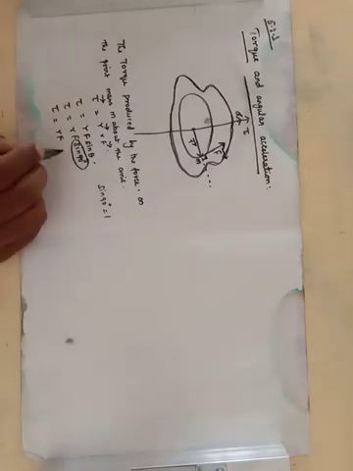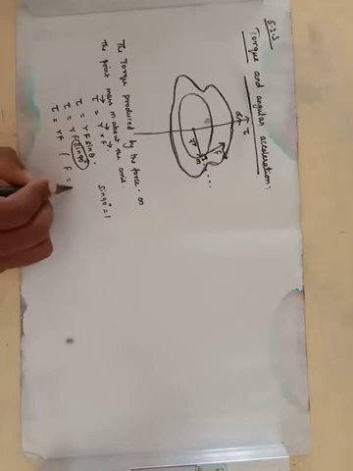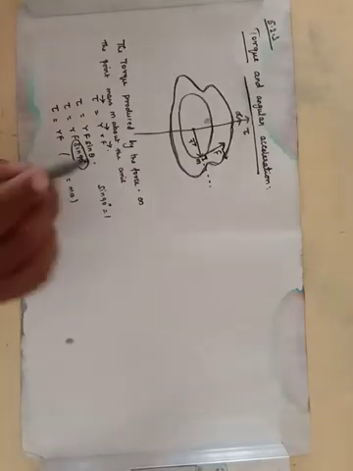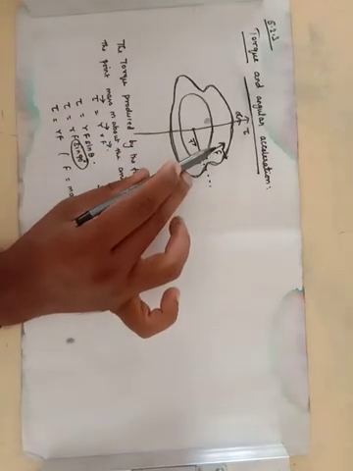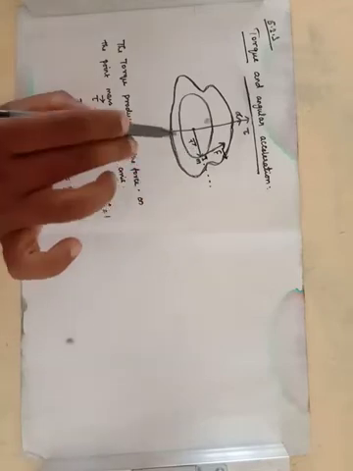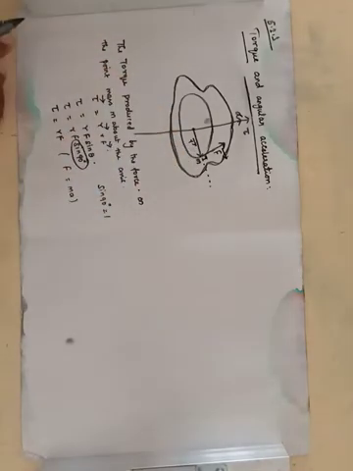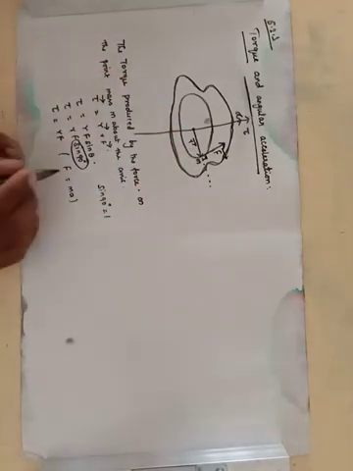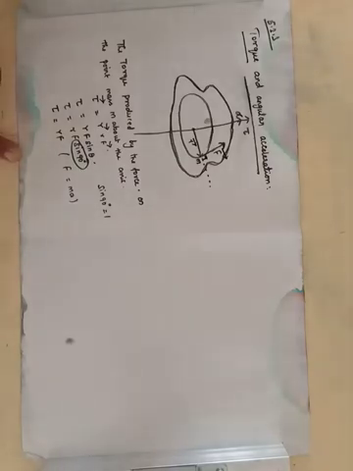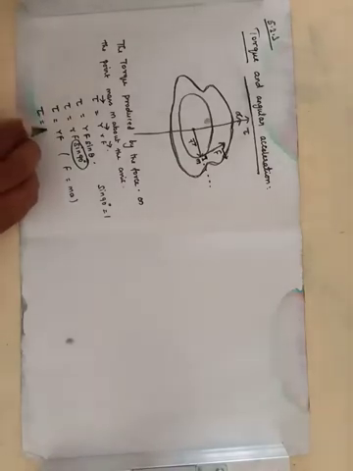According to Newton's second law, we know that F is equal to m into a. When the force acts on the mass, it executes a circular motion. So substituting F is equal to ma in this equation, tau is equal to r into ma.